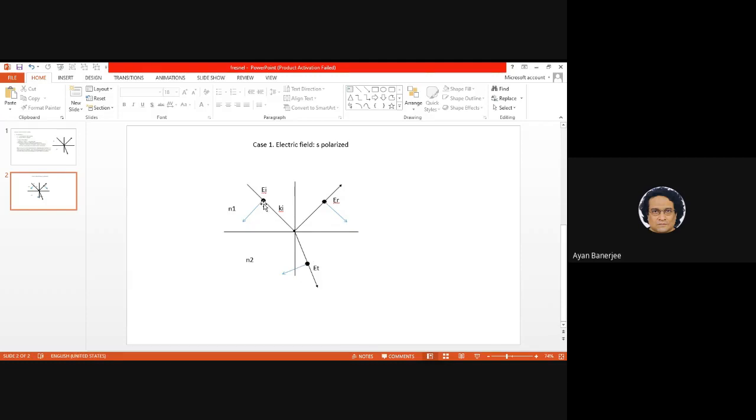If it's out of plane in the incident direction, transmitted also it will remain out of plane. Sir, I'm talking about the reflected part. Oh, this part. So why will it change? Why will it go down? The electric field is like this, and that is why you're getting that magnetic field this way, isn't it?